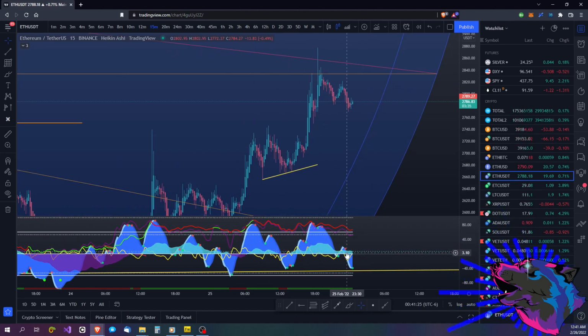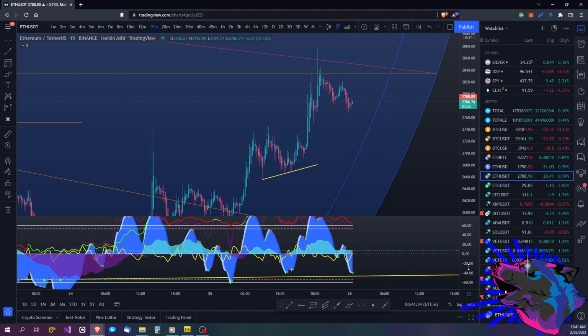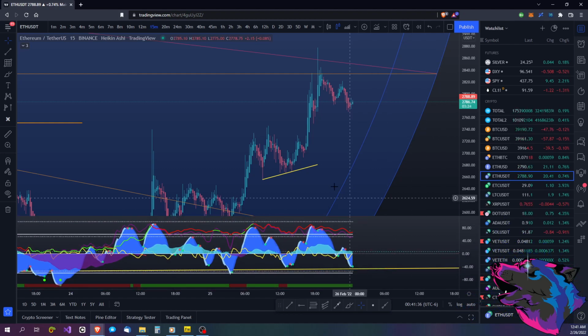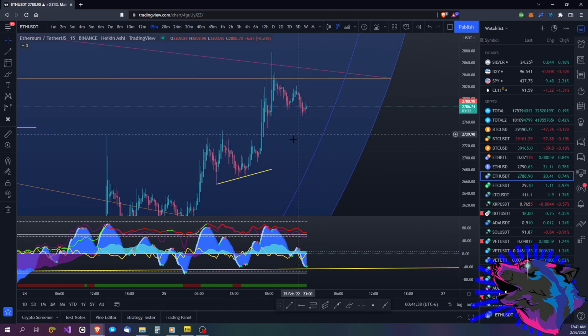Money flow, again, we're kind of technically on the downside, but it is going sideways. Well, kind of angled down a little bit now, but could be that we are reaching the end of this nice little pump area and that we might cool off for a little bit.